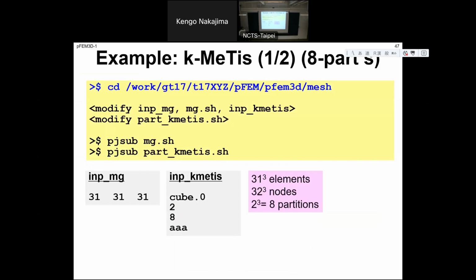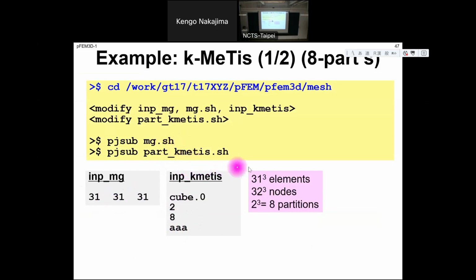Please go to the mesh directory and modify imp mg, mg.sh and imp kmetis. imp mg is 31 by 31 by 31, so please change to that. And imp k-metis is a cube.0 with 2 and 8 partitions. The name is AA. Then first you submit the mg.sh, and after that, you submit the part k-metis.sh.